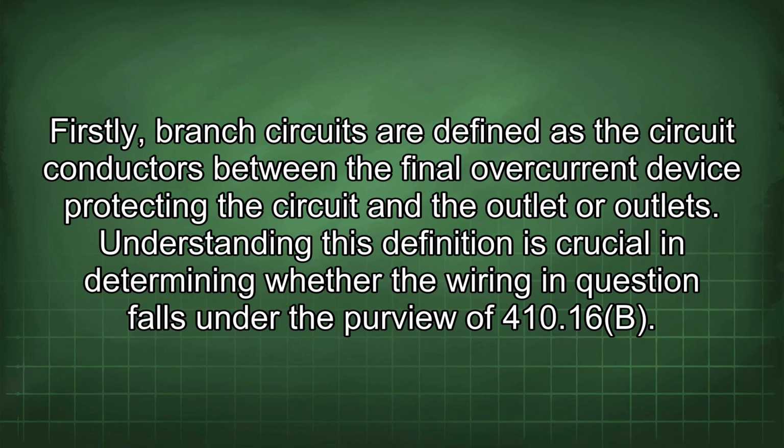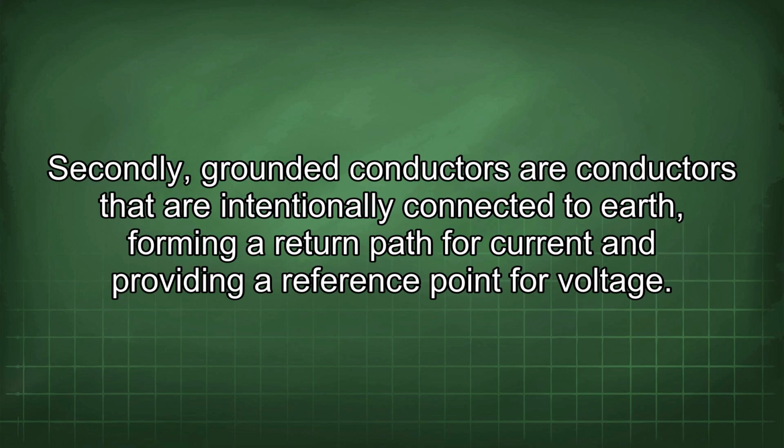Firstly, branch circuits are defined as the circuit conductors between the final overcurrent device protecting the circuit and the outlet or outlets. Understanding this definition is crucial in determining whether the wiring in question falls under the purview of 410.16(B). Secondly, grounded conductors are conductors that are intentionally connected to earth, forming a return path for current and providing a reference point for voltage.